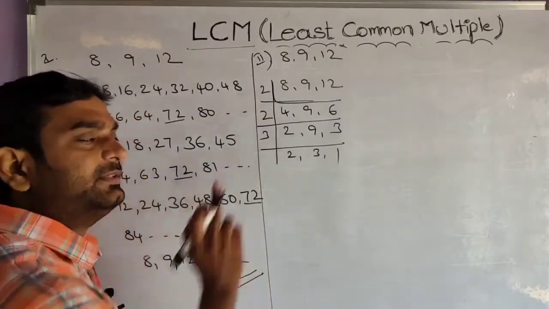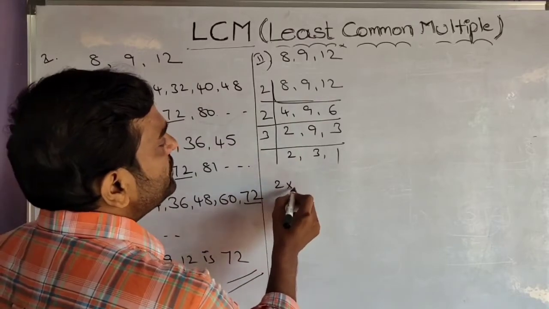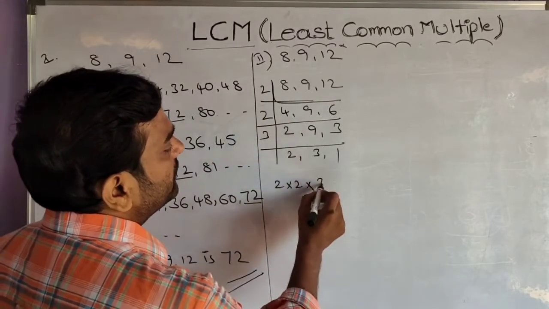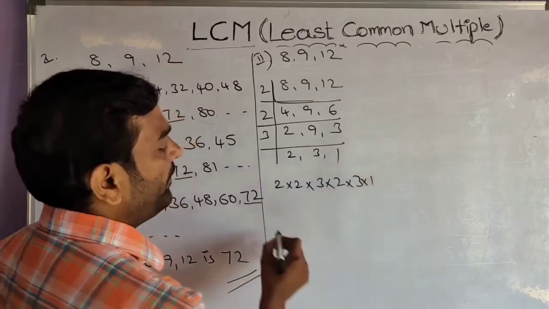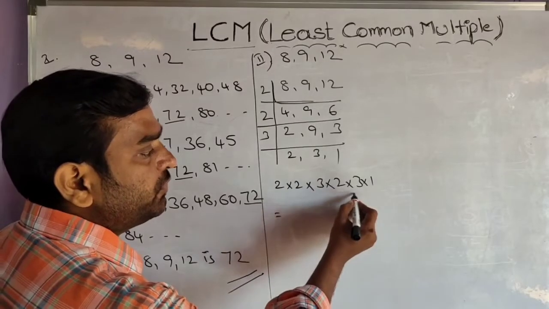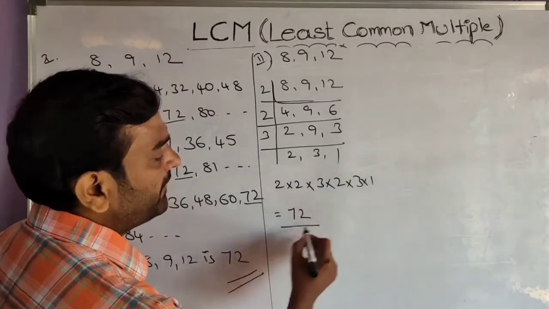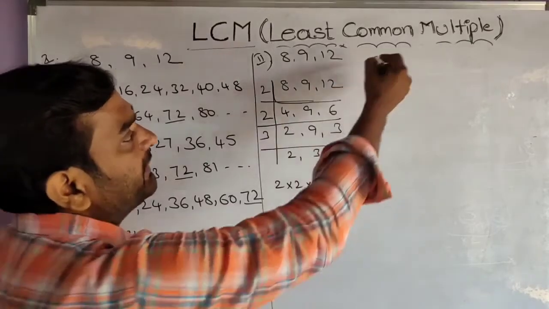Again 2, again 3. Now 2 into 2 into 3 into 2 into 3 into 1. 2 twos are 4, 3 fours are 12, 2 twelves are 24, 3 twenty-fours are 72 is the LCM of 8, 9, 12. Okay, we know this method.